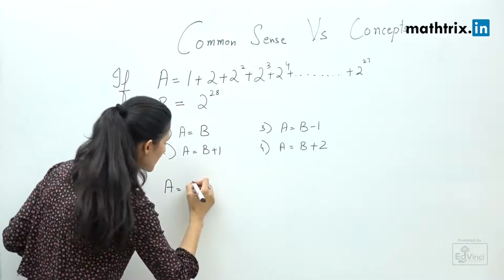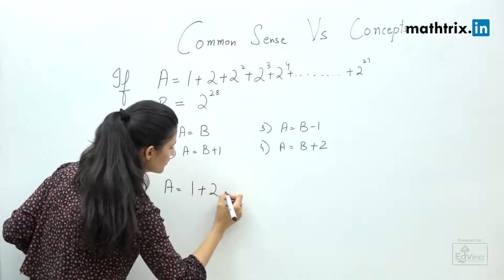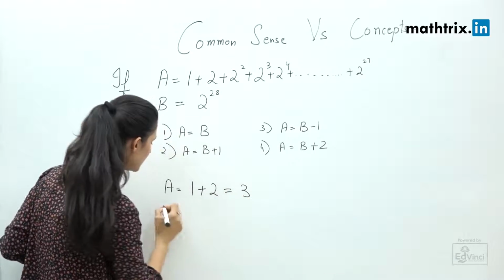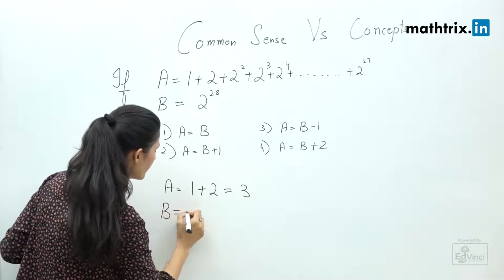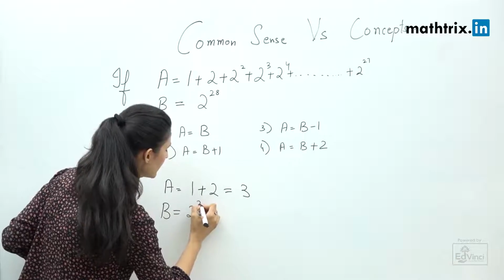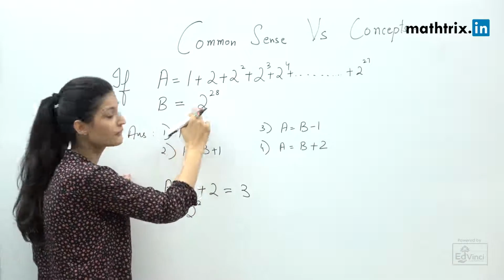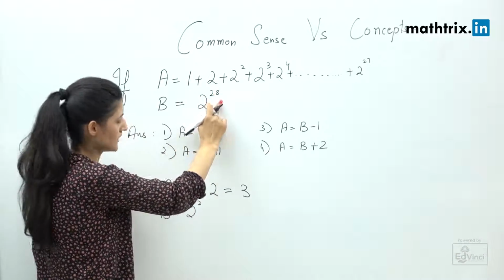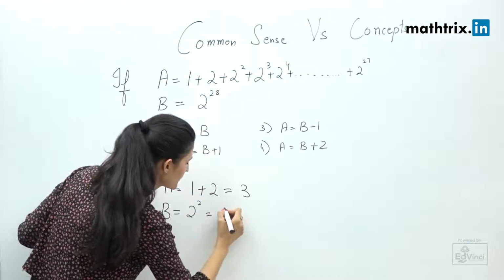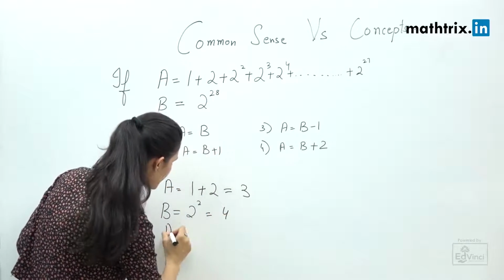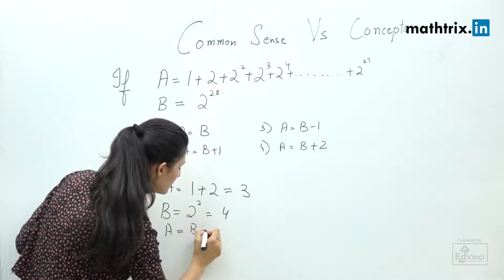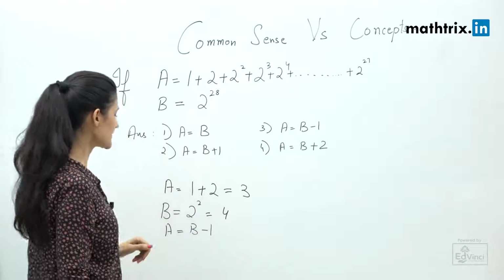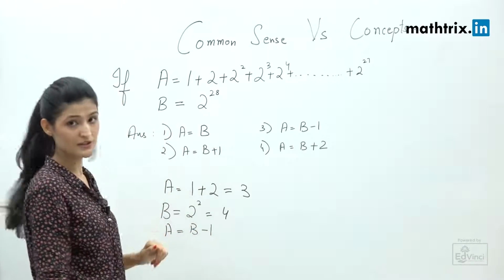If we have 2 terms, which is 1 plus 2, A is equal to 3, and for B we will take 2 raised to the power 2 because we are considering only 2 terms, which is 4. So A is nothing but B minus 1. Now let's take 3 terms and try to solve this.